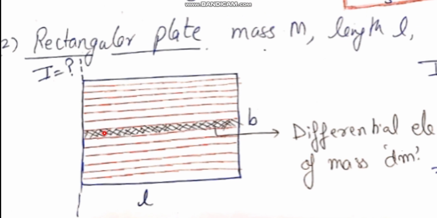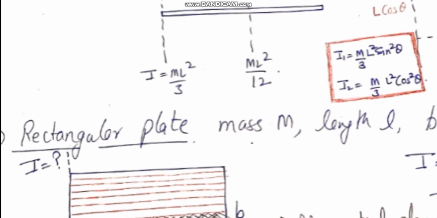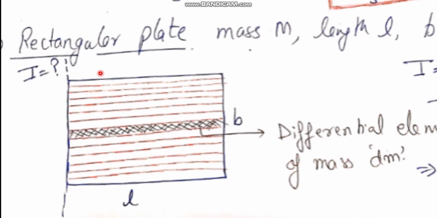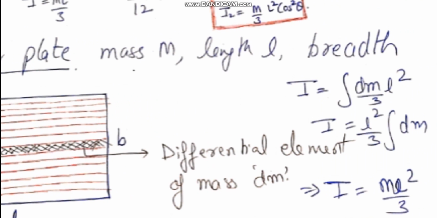So this is a thin bar of mass dm and length L. Now the moment of inertia of this thin bar of mass dm and length L about this axis will be dm into L square by 3. As seen in this result, the moment of inertia is ml square by 3. So the moment of inertia of this differential element about this axis will be dm into L square by 3.